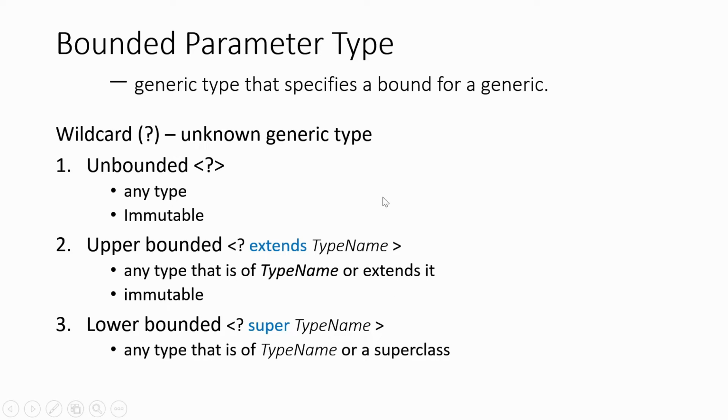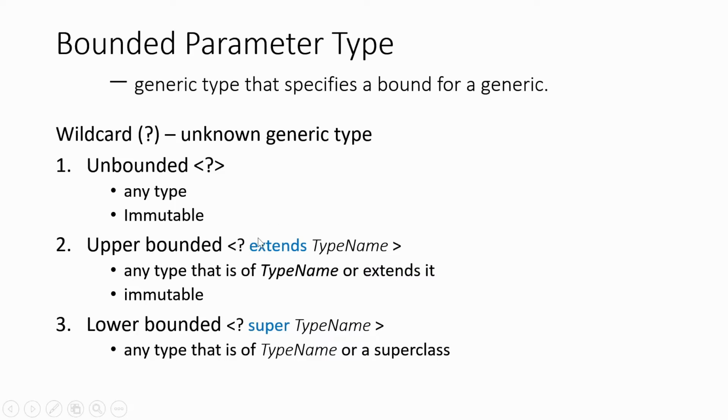For these scenarios we use bounds. We mention a wildcard, which is a question mark, meaning unknown generic type in the diamond, and a single question mark means unbounded. So on the right hand side we can assign any type to the left hand side.